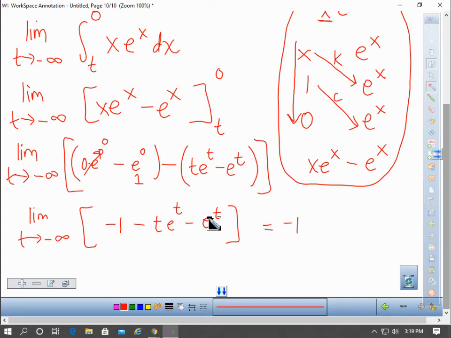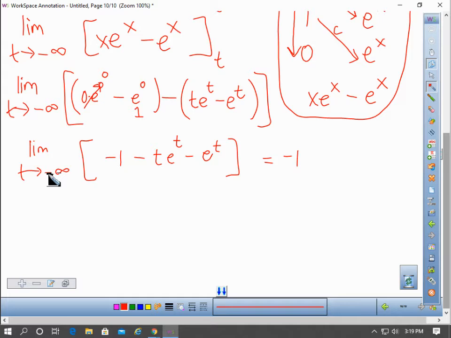The last one's the easier one to do first. If you put negative infinity in here for this t, you're going to have an e to the negative infinity, because remember you're letting t go to negative infinity.